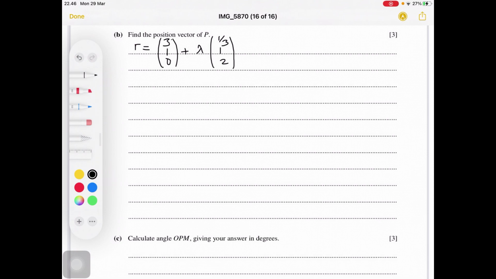This is the line equation that passes through M and N.